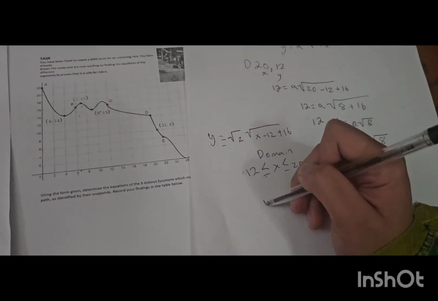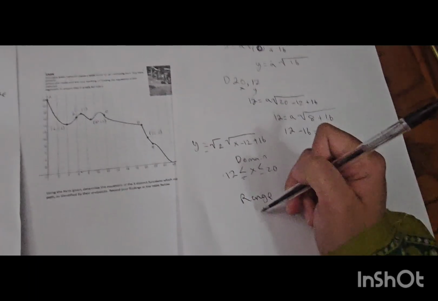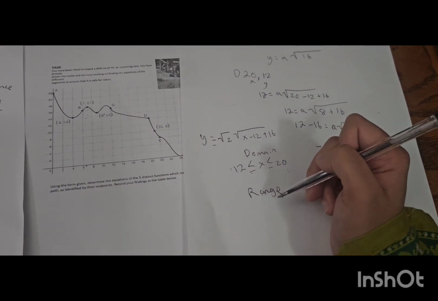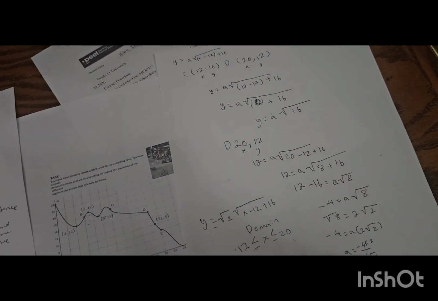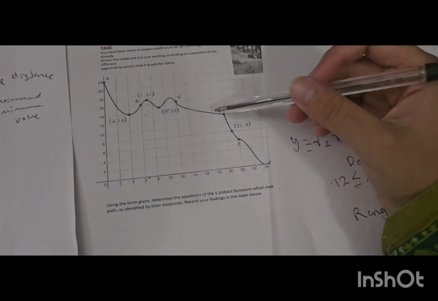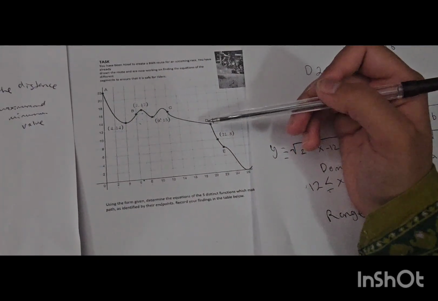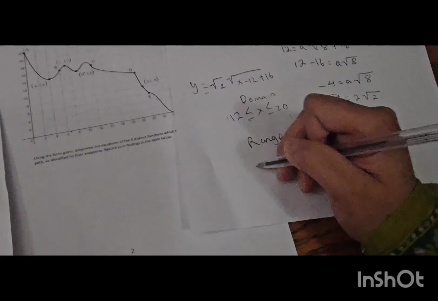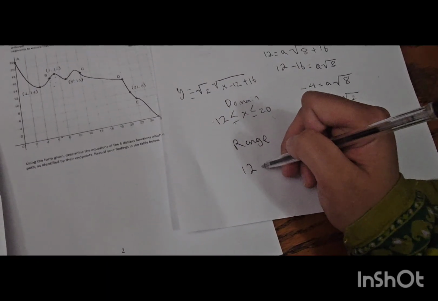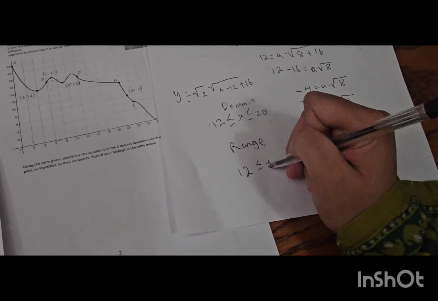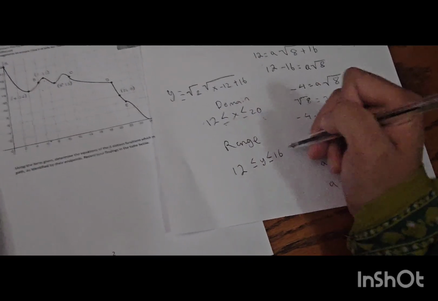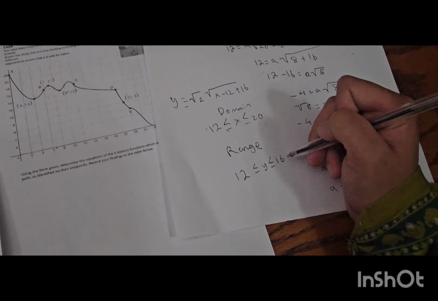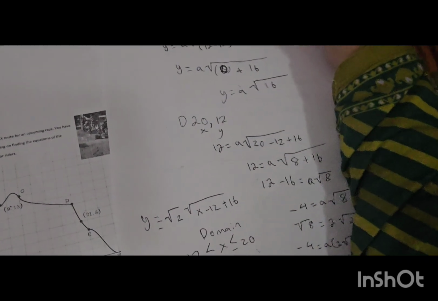For my range, it is going to be my minimum and maximum y values, so for this one it is going to be 12 ≤ y ≤ 16. So that's how I got my domain and the range, and that's how I solved for my segment CD.